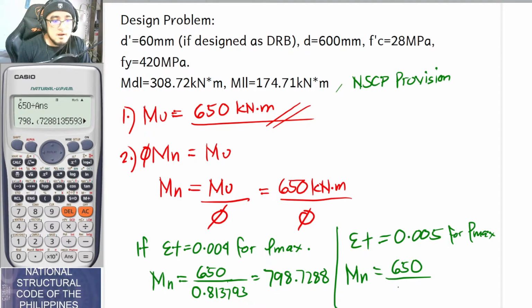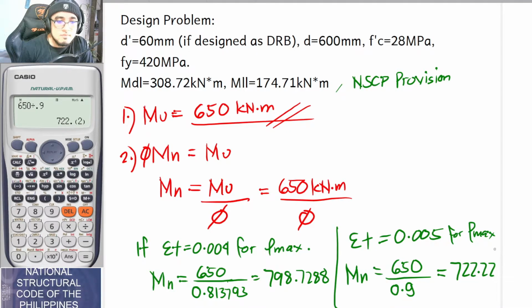Our phi here is automatically 0.9 if you use 0.005 for your strain. So 650 divided by 0.9 is 722.22 kilonewton meter.